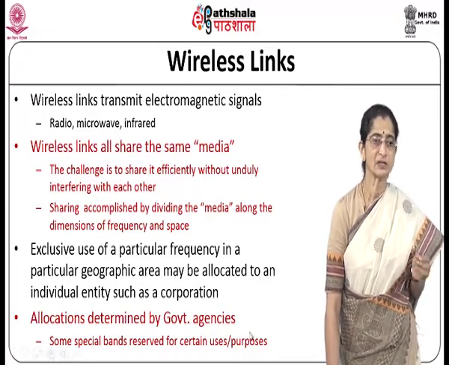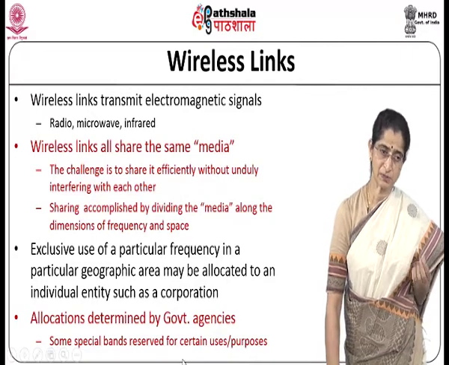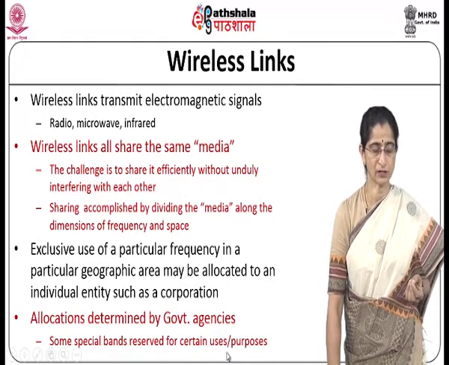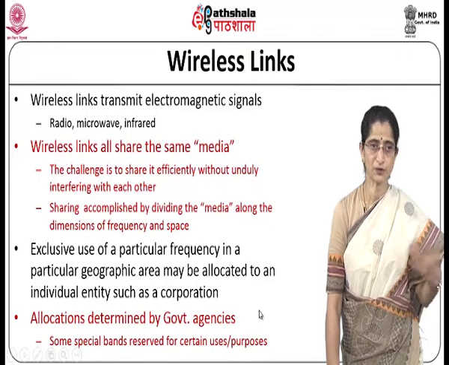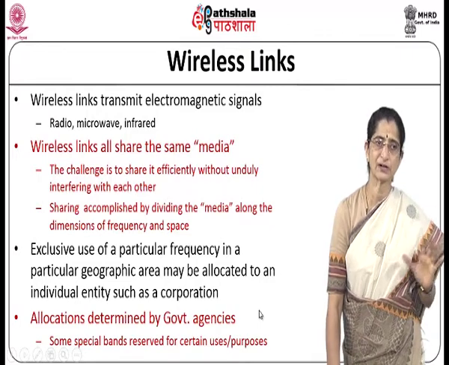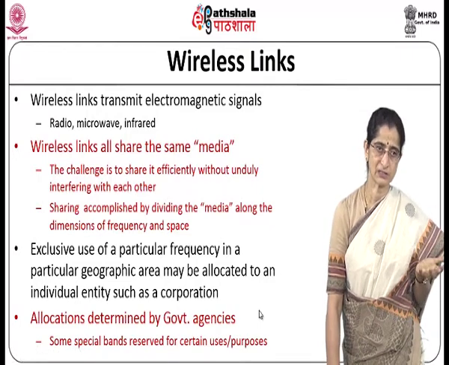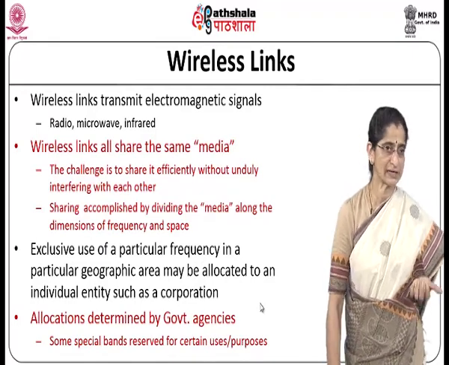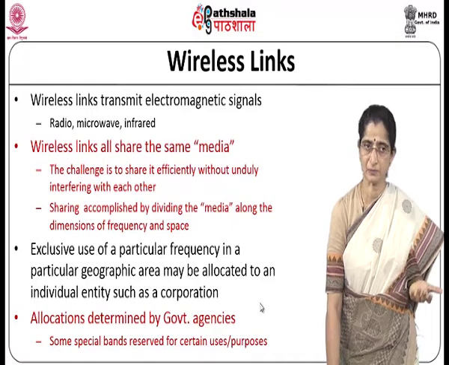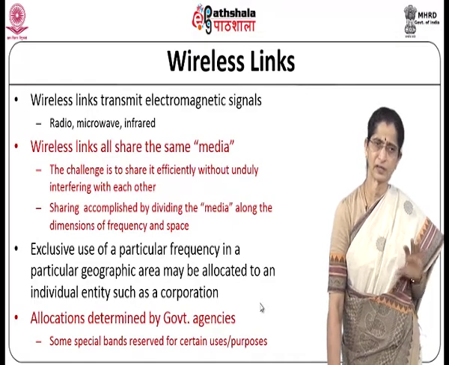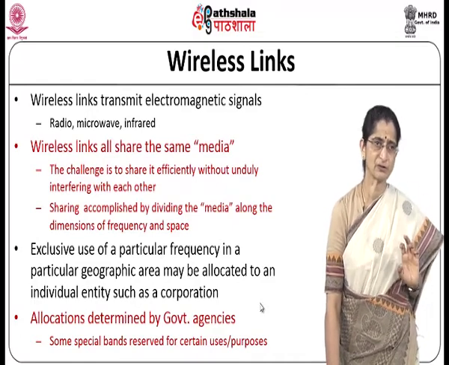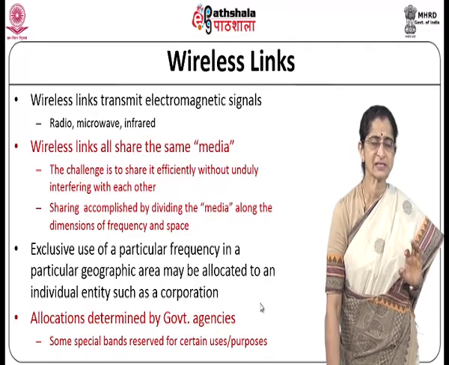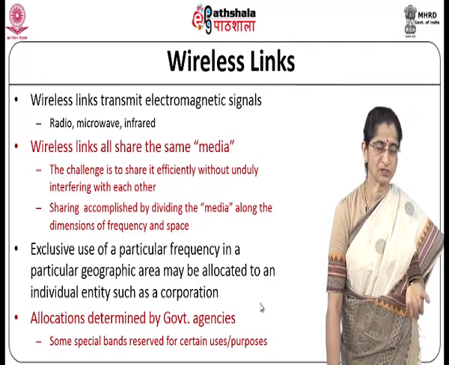For instance, some special bands are reserved for certain purposes or certain uses, so you cannot use those for other purposes. So, we need to be aware of the different spectrum that is available and how the spectrum actually gets shared for different purposes by different users. That is just an overview of what we need to remember about wireless links, and we are familiar with most of these points.